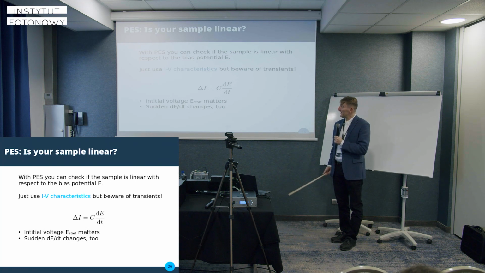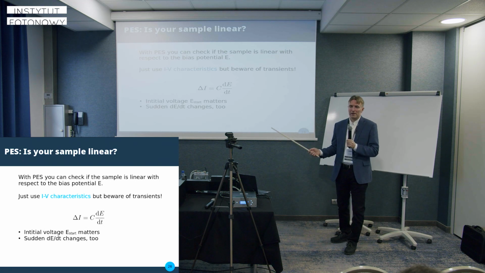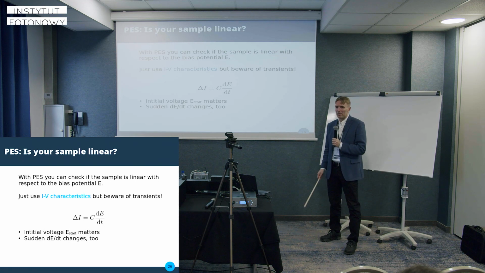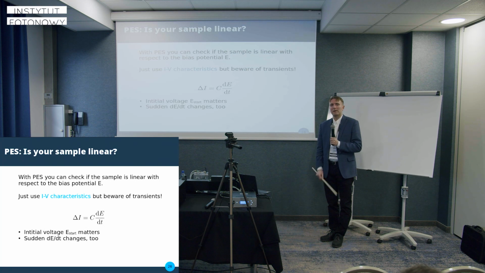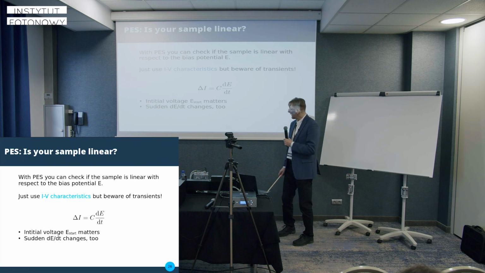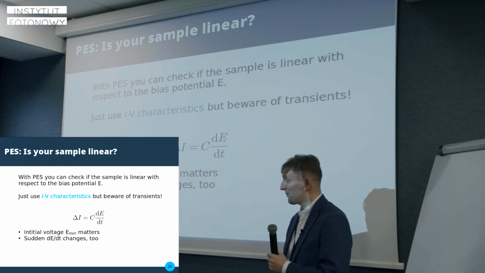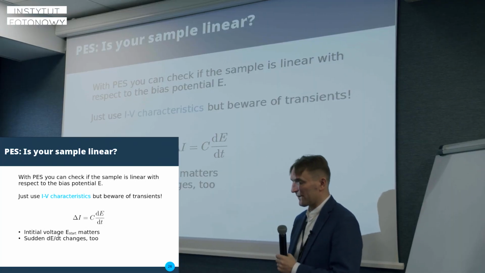At least we can check two values. We can do IV characteristics. We apply some voltage, and we sweep this voltage in time, and we measure the current generated through the sample. And we will be doing this experiment right now.